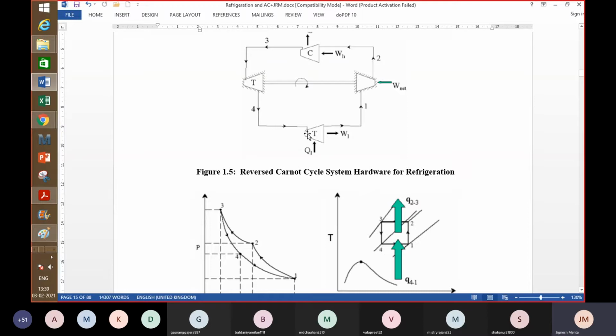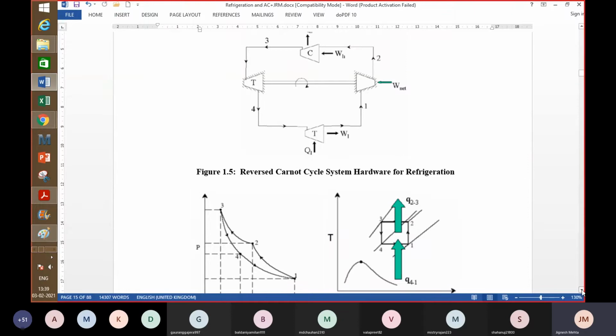So it is an isothermal expansion process. So if you can build these types of components and connect them, you will be able to carry out the reverse Carnot cycle or Carnot refrigeration cycle.